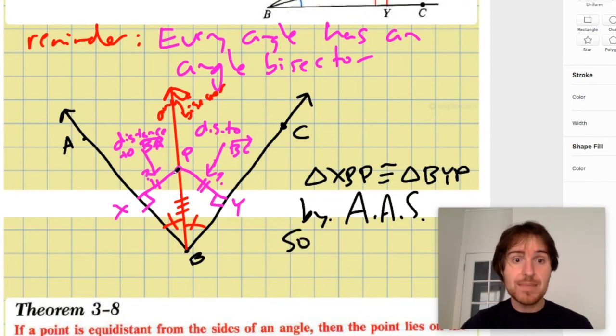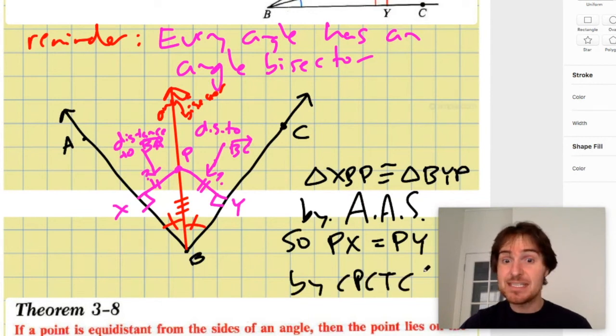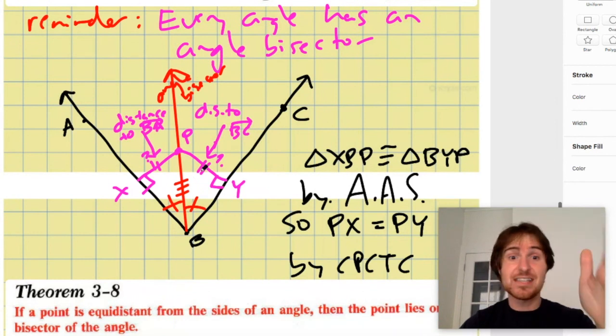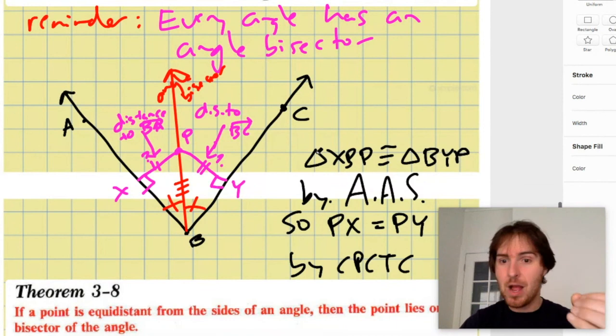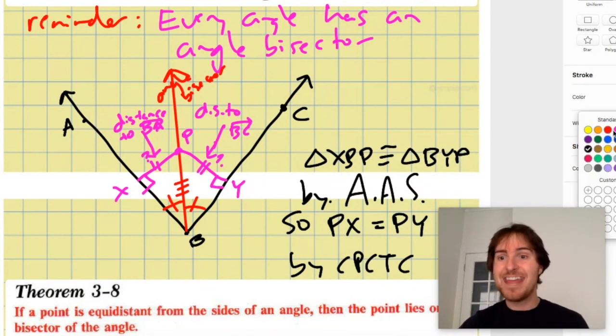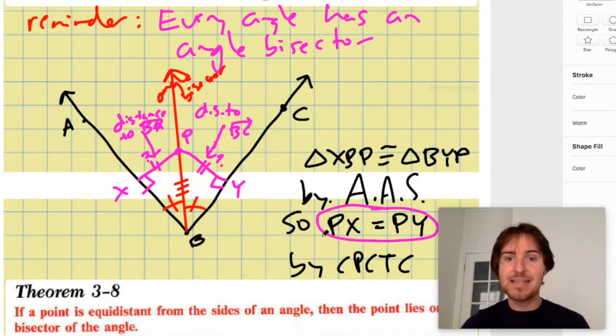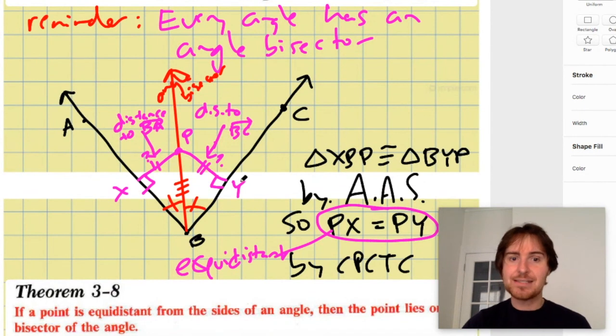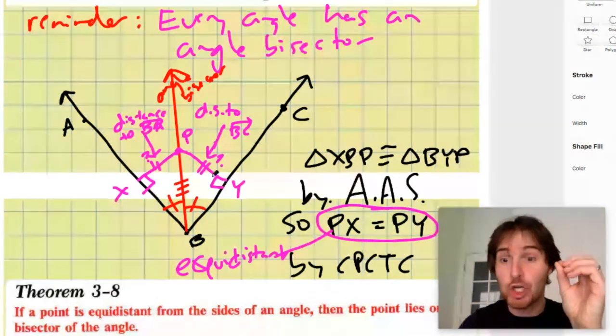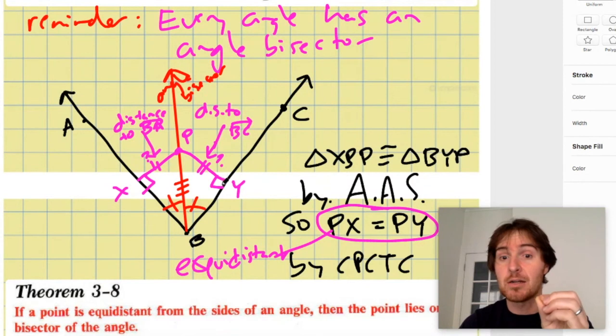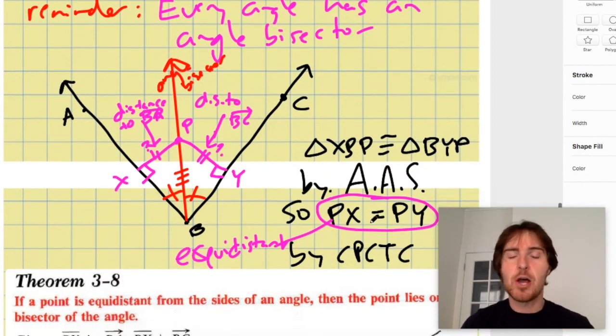So that means that PX must be equal to PY by CPCTC, okay? So you have to say that in the proof, but you have to say all the other stuff before that, right? Definition of angle bisector, reflexive property, and here, we've arrived at it that any point that's on the angle bisector is going to be equidistant. Right? So we're equidistant to point X and point Y, and that's the foot of the perpendicular from that point to the line here, okay? And we got it good to go, okay?